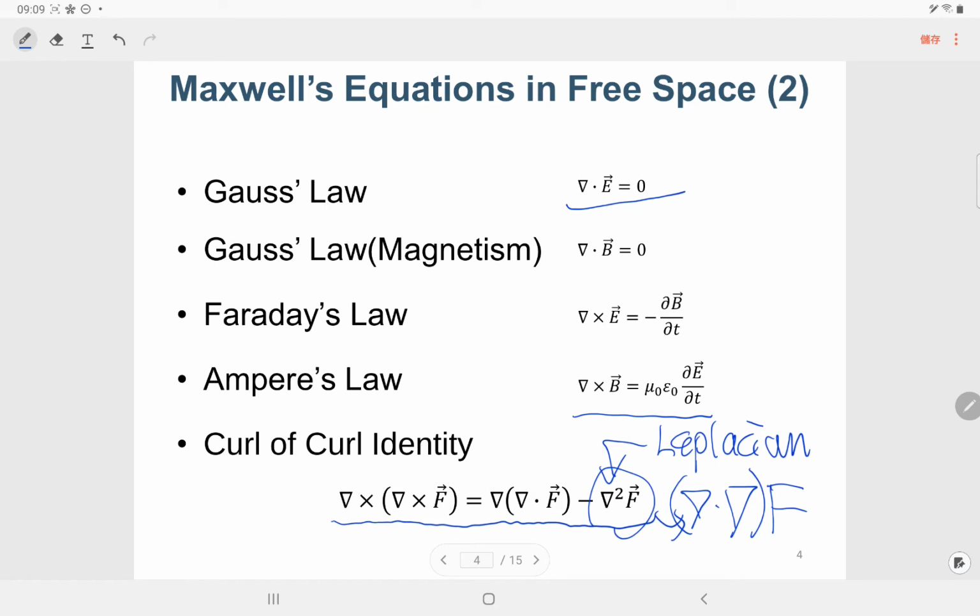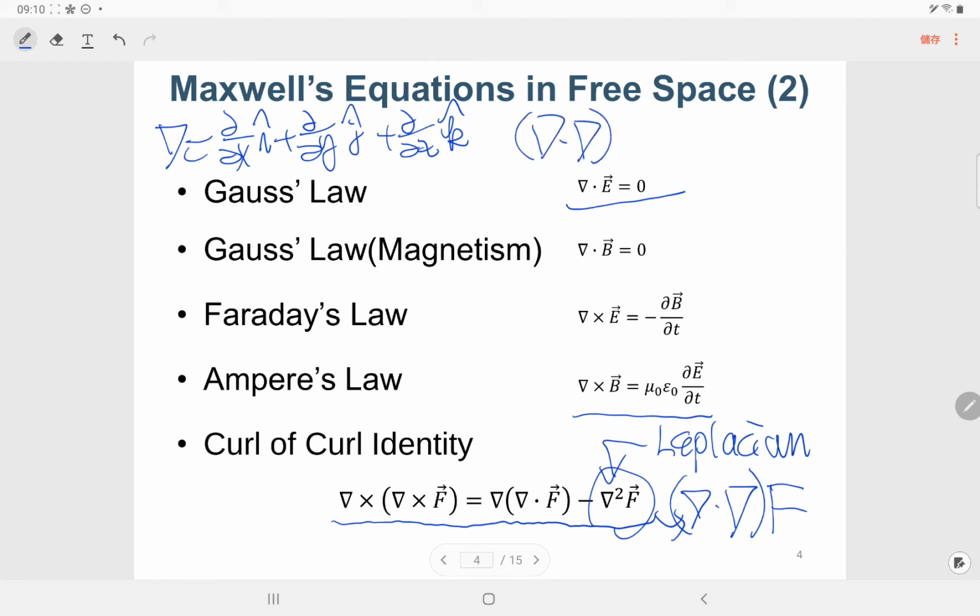As long as you know that the gradient is nothing but partial x i plus partial y j plus partial z k, we know that this one is nothing but the Laplacian.